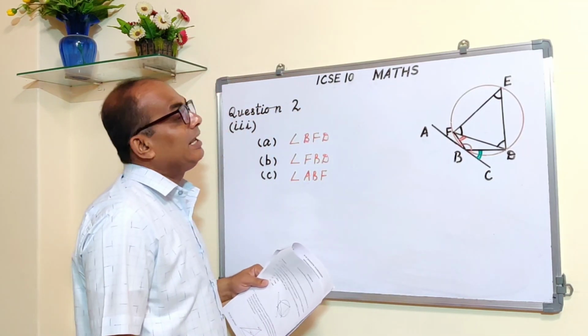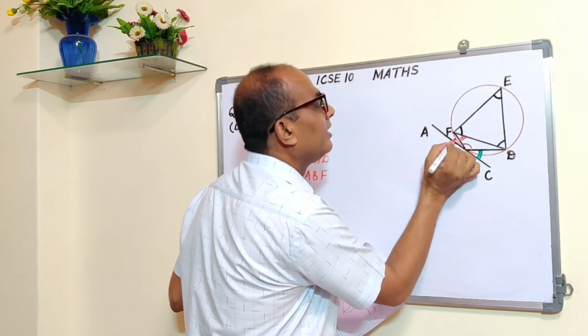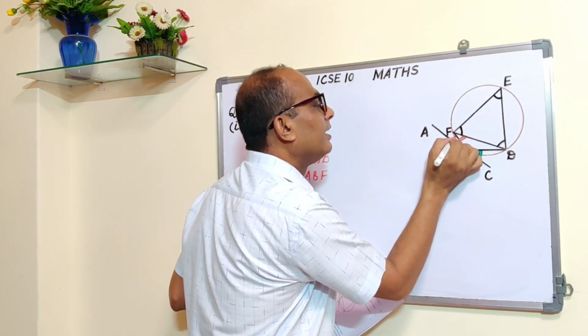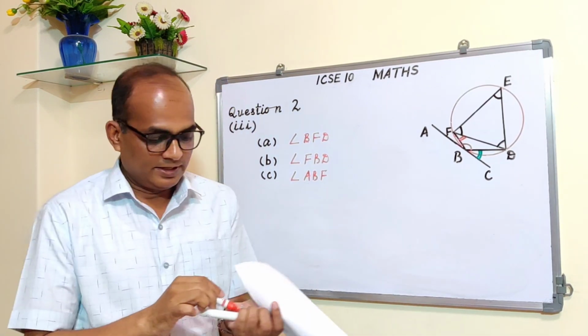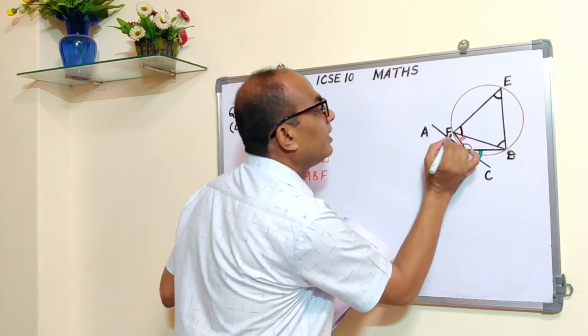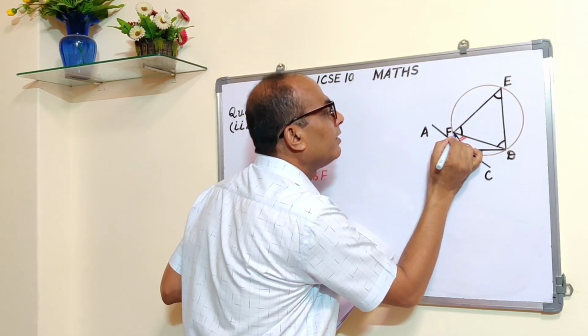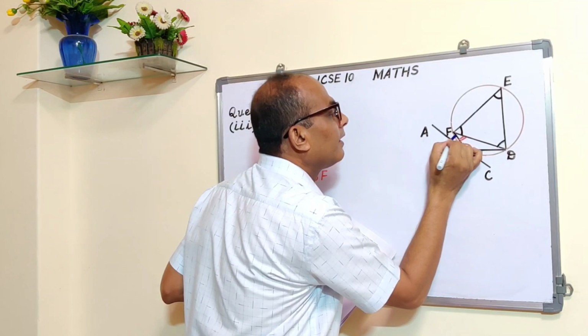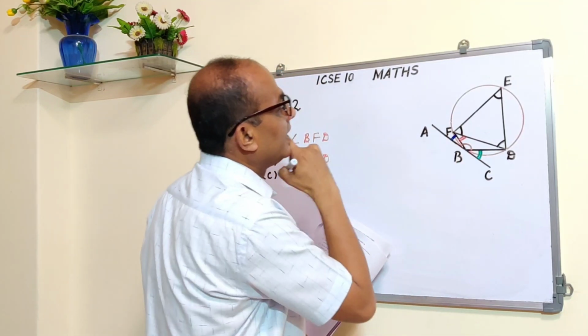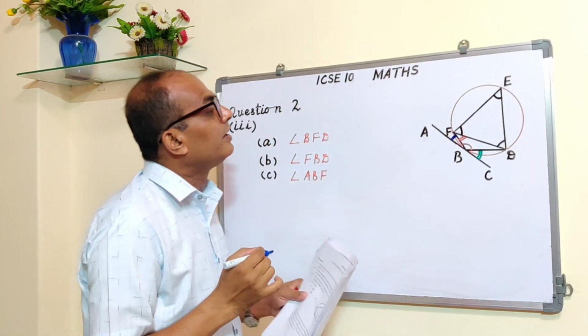And then ABF. This angle. Let me use some other color. Blue I'm using. This angle, this one. Right? It is dark. ABF. These are the three angles that we have to find out.